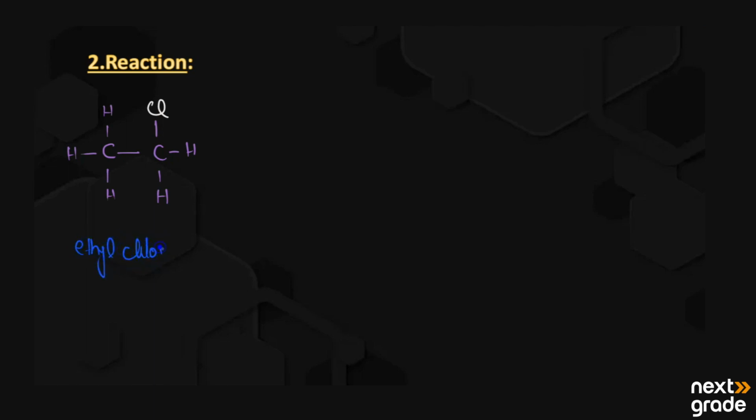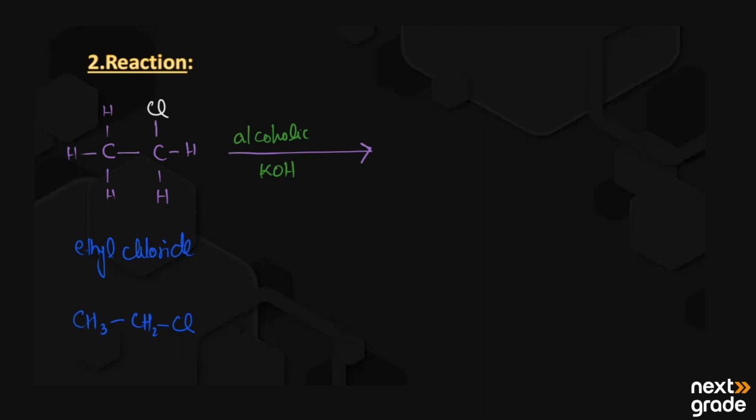This is the structural formula. We can also write it in the condensed formula, CH3CH2Cl. Now the reaction takes place in the presence of alcoholic KOH, alcoholic potassium hydroxide. This is the base.